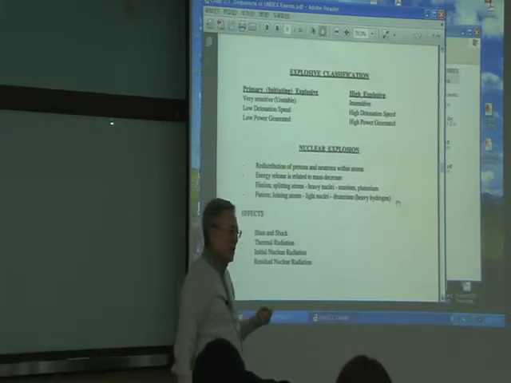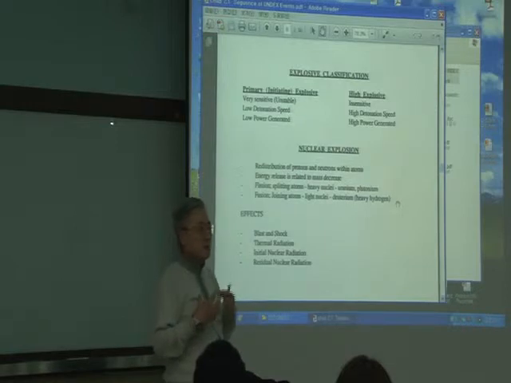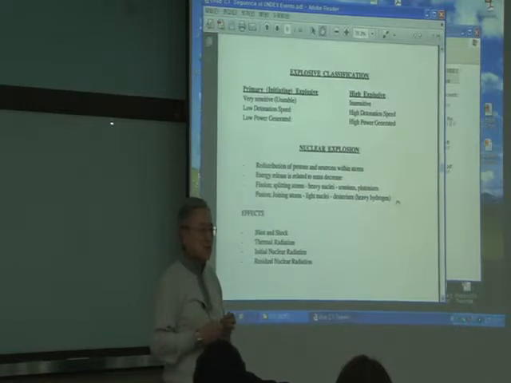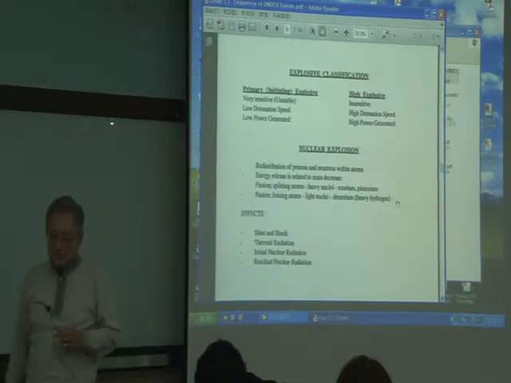But anyway, this is the subject. What happens when an explosion occurs in the water? Is there any way we can mitigate such a threat? That's what we try to understand.